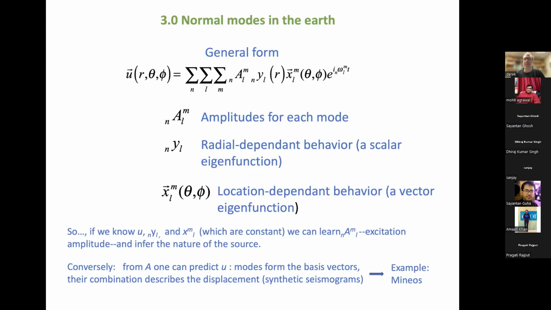For normal modes in the Earth, we define it in terms of r, our vertical displacement, theta, which is our colatitude, and phi, which is our longitude.